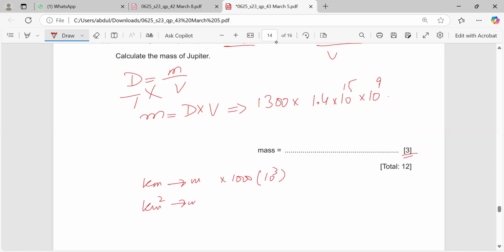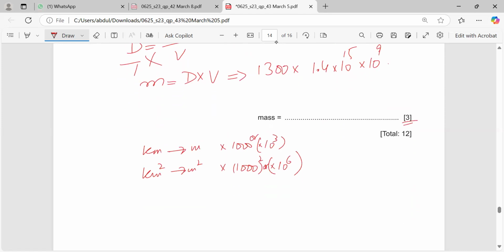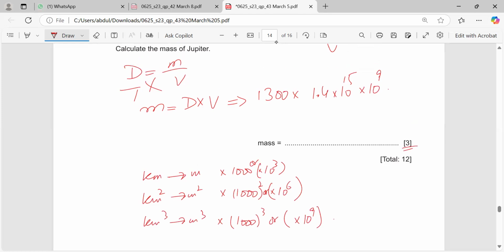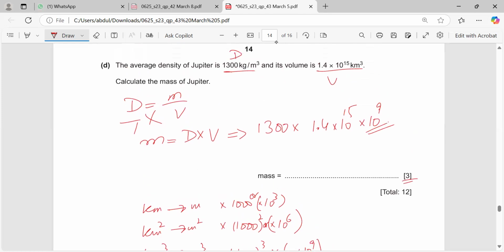Kilometer square to meter square we multiply with 1000 square or 10 raised to power 6. And when kilometer cube to meter cube, we will multiply with 1000 cube or times 10 raised to power 9. So this was the reason I have multiplied it with 10 raised to power 9.